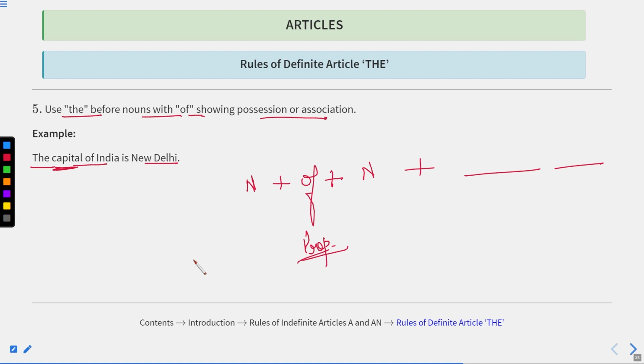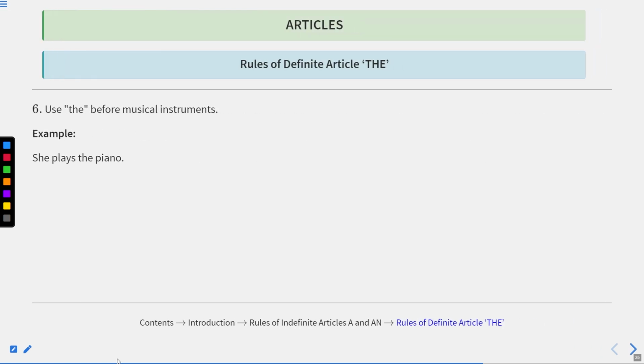So if there is a series like this, we should use the before it. For example, the capital of India is New Delhi. So of is the preposition and India is again noun, capital is noun. So before this pair, we should use the. Okay, this is the definite article. So definite article should be used before any such series. For example, the man in black.